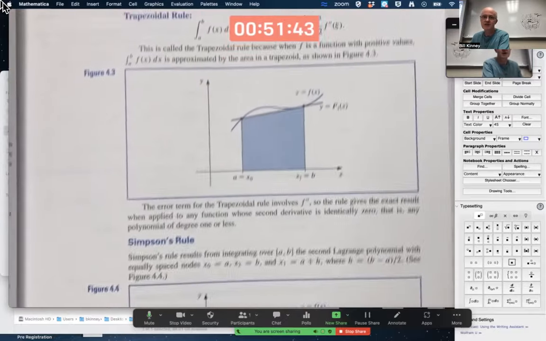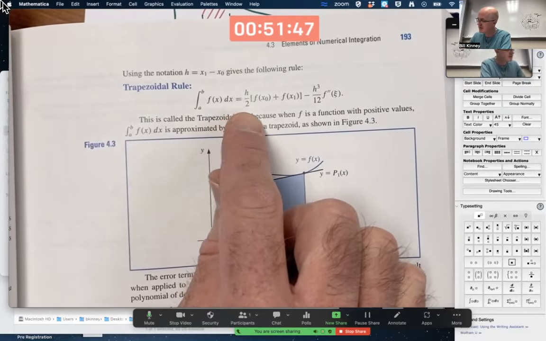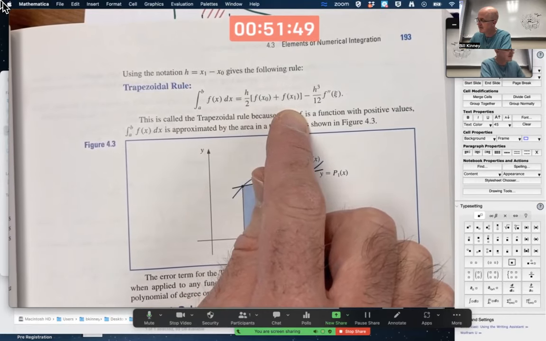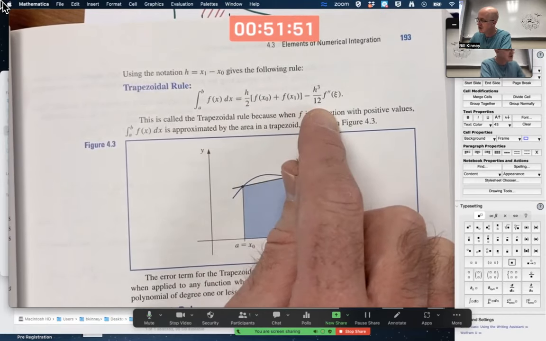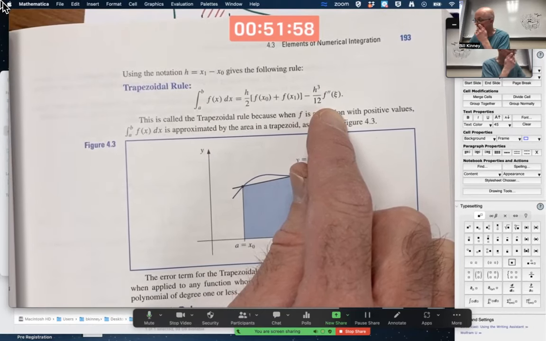To get your final result, the integral is approximately h over 2 times f of x0 plus f of x1, minus h cubed over 12 times f double prime of c, where c is some unknown number between x0 and x1, a and b. A is x0 and b is x1.